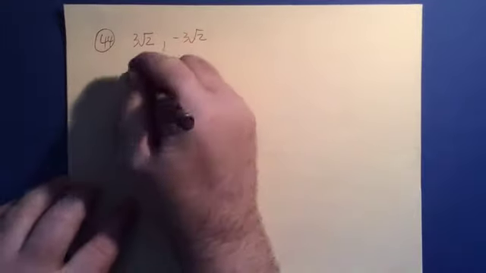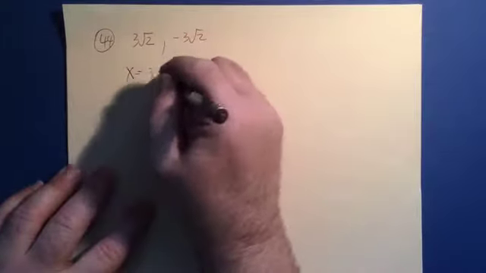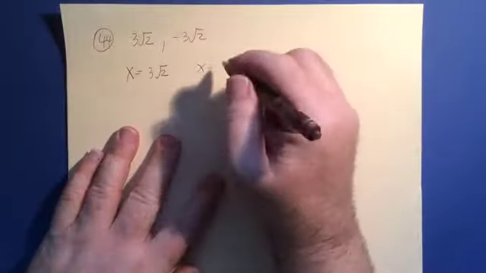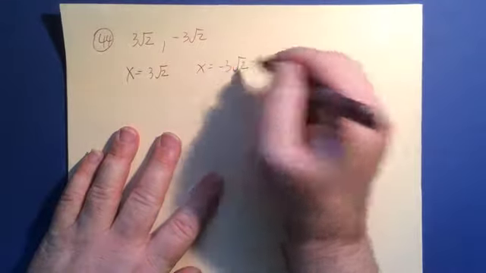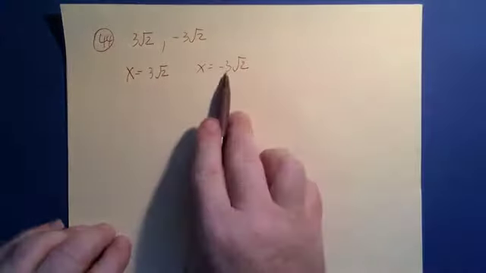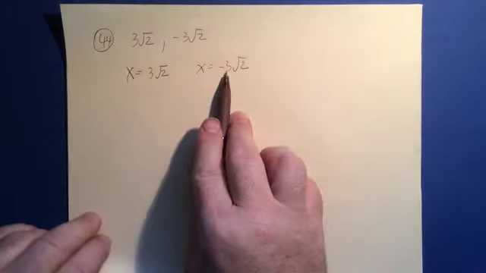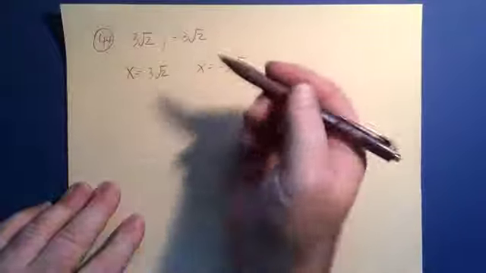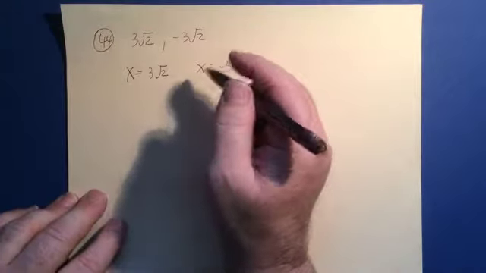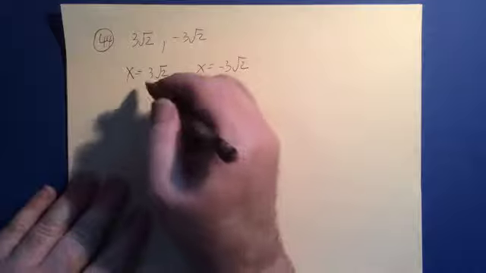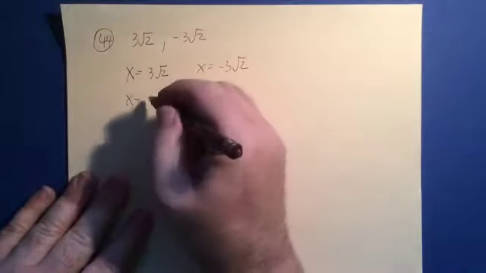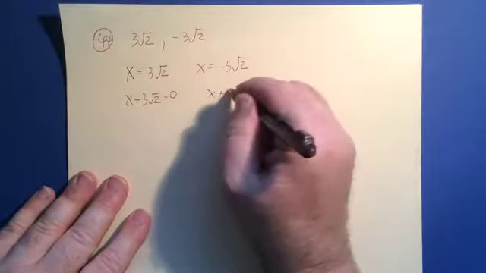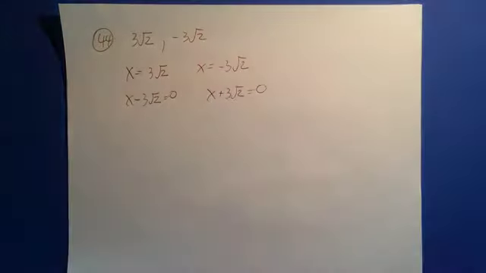So I'm going to let x equal 3 radical 2, and I'll let x equal negative 3 radical 2. Okay. So one thing we can do is somehow we have to get this equal to 0. So let's subtract: x minus 3 radical 2 equal to 0. Let's move this over to the other side. And then x plus 3 radical 2 equal to 0.